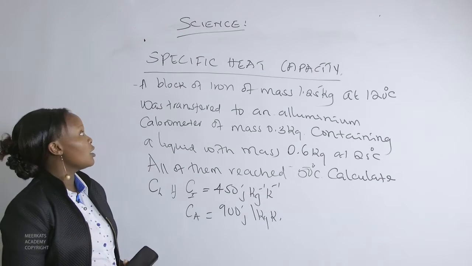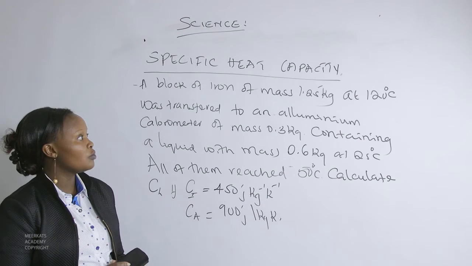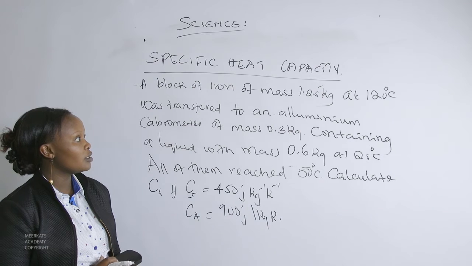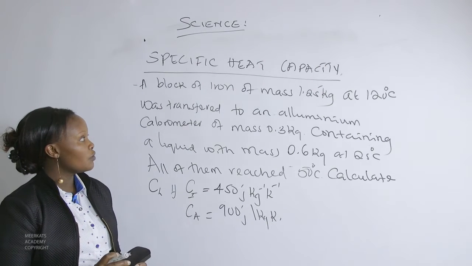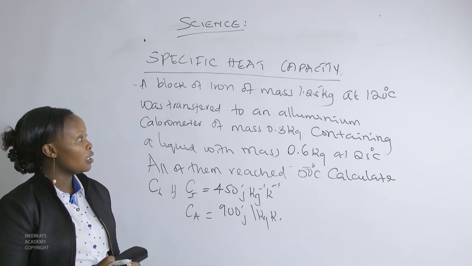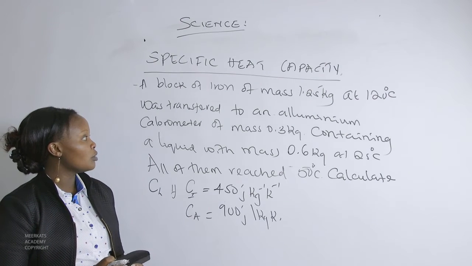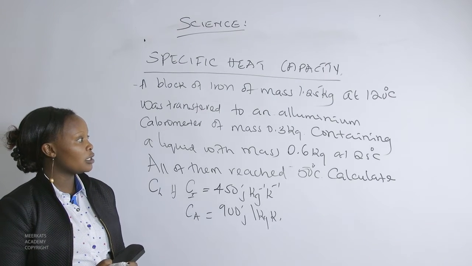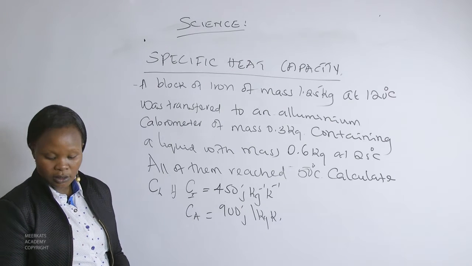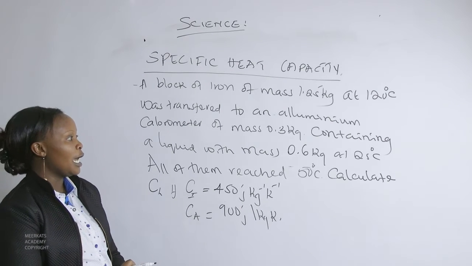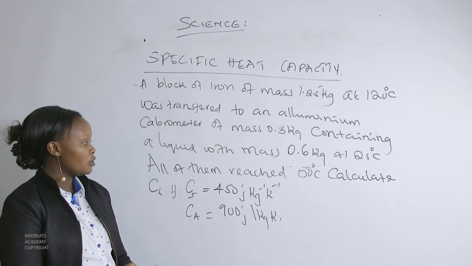The question reads: a block of iron of mass 1.25 kg at 120 degrees centigrade was transferred into an aluminium calorimeter of mass 0.3 kg containing a liquid whose mass is 0.6 kg and at 25 degrees centigrade.